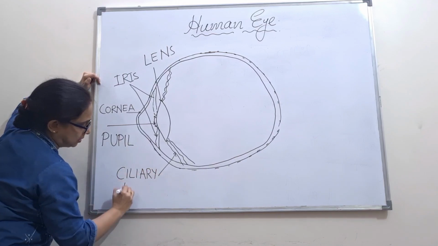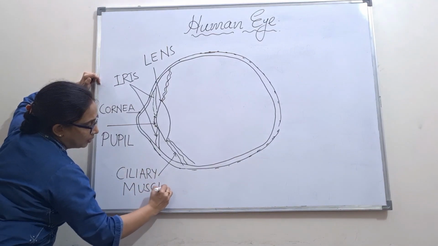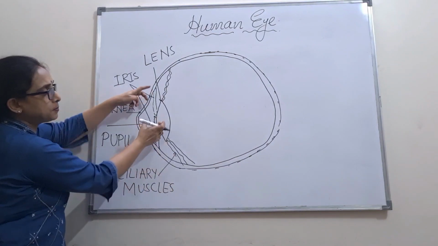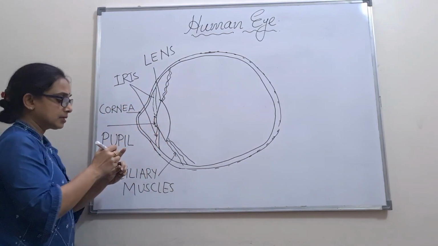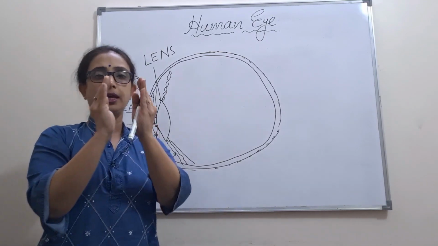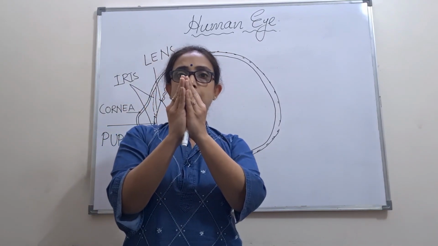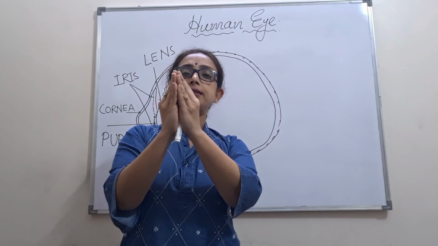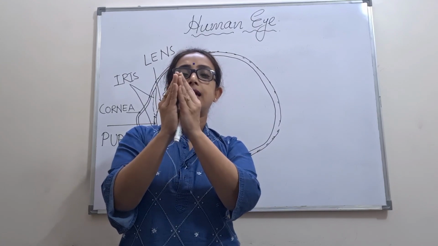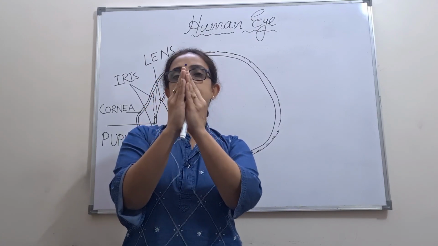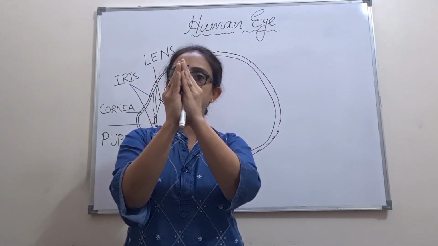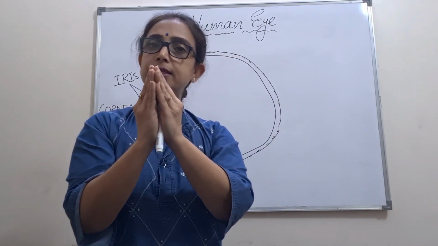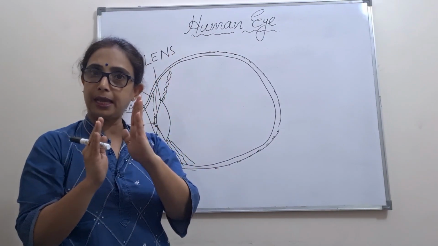Ciliary muscles help in expansion and contraction of the lens. The shape of the lens is convex. The eye lens is broader in the middle and pointed at the two edges, a tapering type of shape.